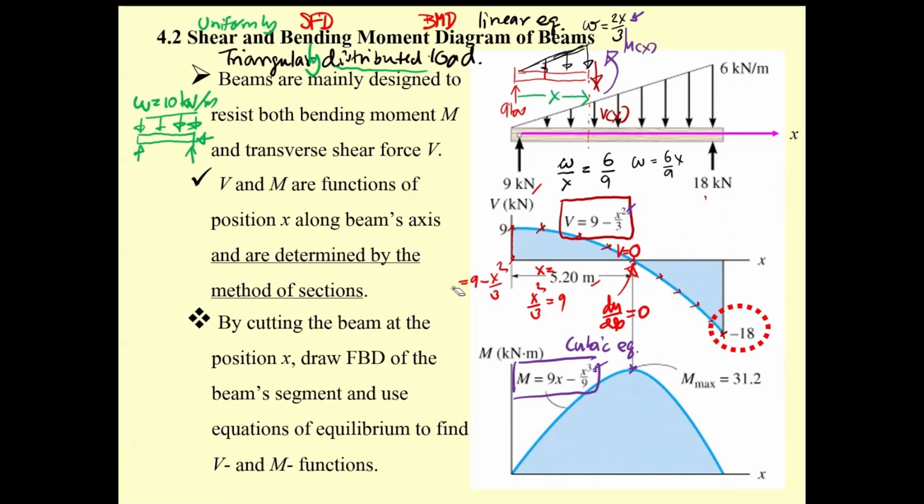Okay. Following what I've done in this pattern, there are some important things that I should mention again. The distributed force is related to the shear force, and the shear force is related to the moment diagram. First, we have dV by dx equal to minus w. Going back to what I mentioned over here, w is 0, so the slope over here is going to be 0.